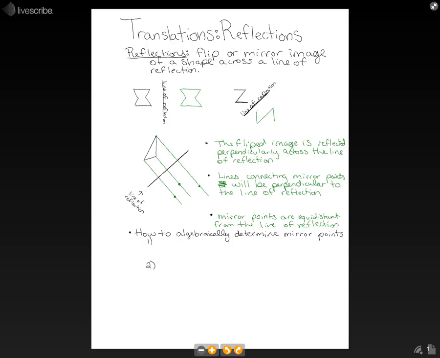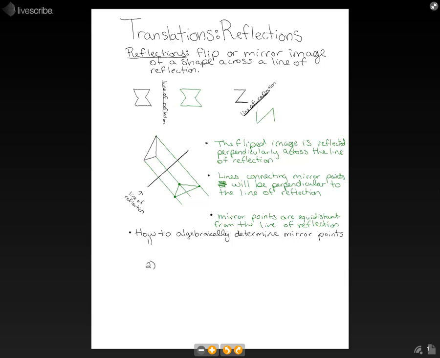And we get a point about out here. So now if we connect those points, we should get a shape that is a mirror image of the other one. So that is how, just visually, you can form the mirror image.